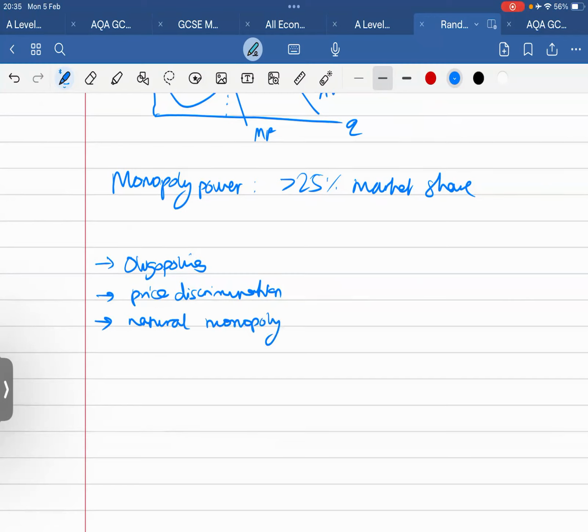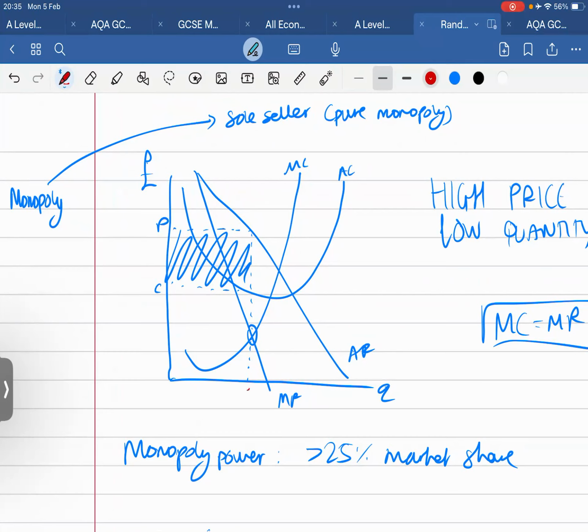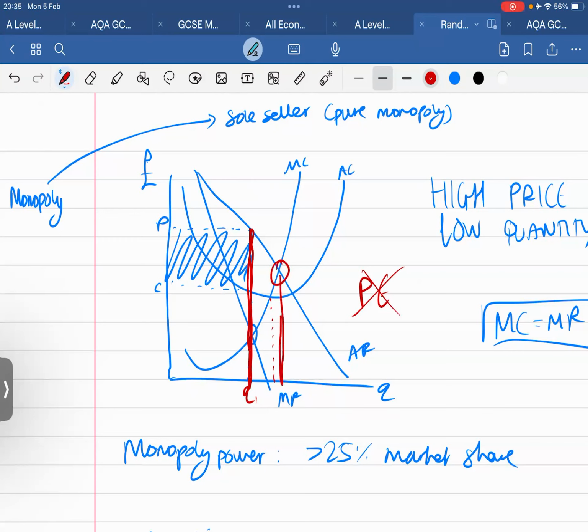So at our chosen quantity, Q1, are we at the bottom of the AC curve? Well, the bottom of the AC curve is here, so we're not productively efficient. At our chosen quantity in this line of action, does MC equal AC? No. Sorry, does MC equal AR? No. MC equals AR here, so we should be at this quantity.